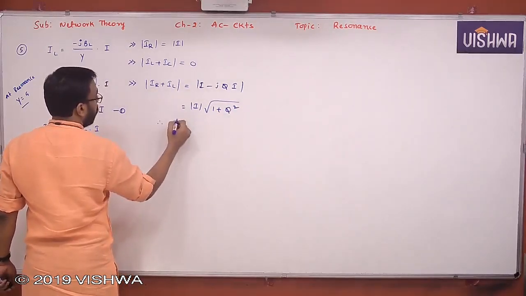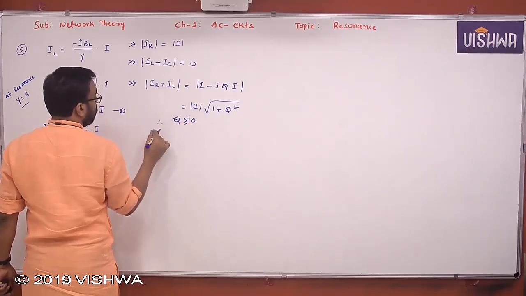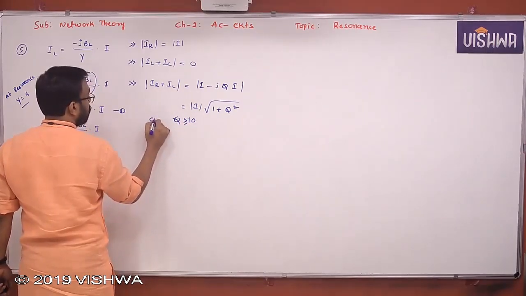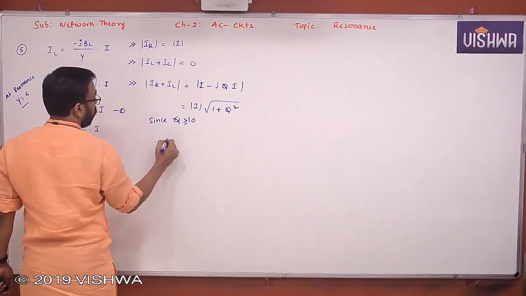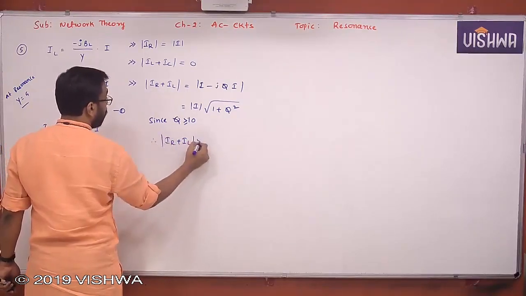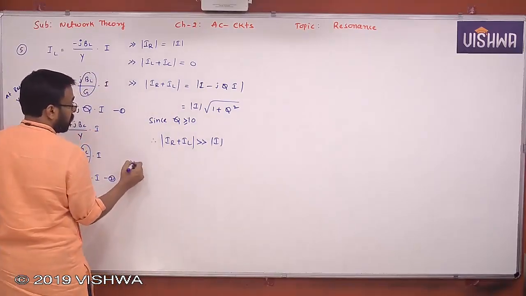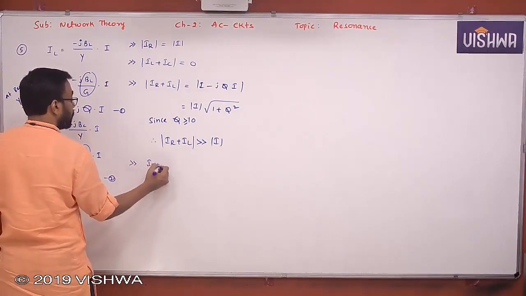Therefore, you know that Q is greater than or equal to 10. Since Q is large, IR plus IL is very much greater than I. Similarly, for IR plus IC.